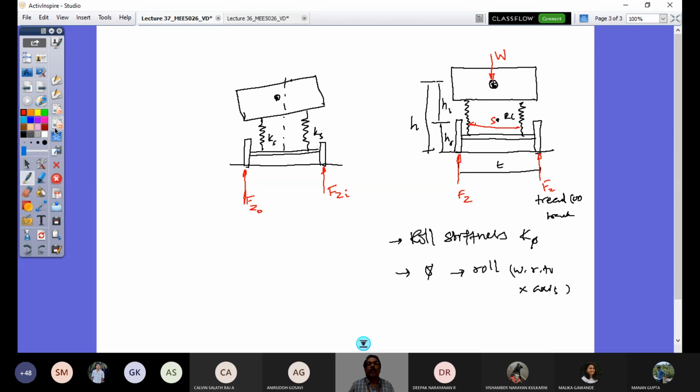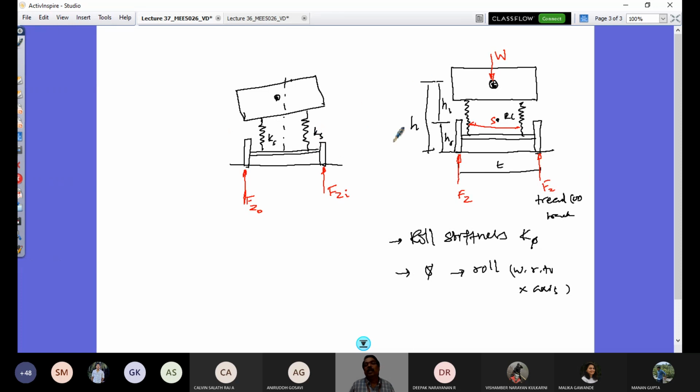Since it is taking a turn to the right, the lateral force developed would be directed to the right. The distribution of this lateral force is the same as the distribution of normal loads of the vehicle, in the same proportion.